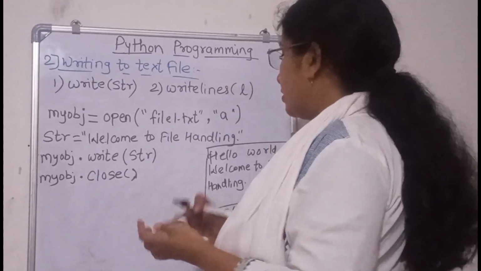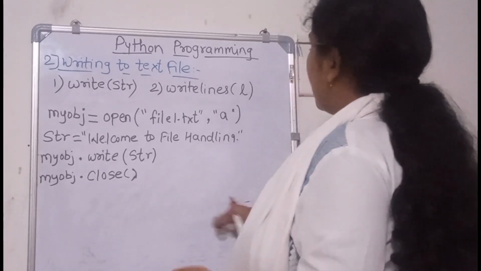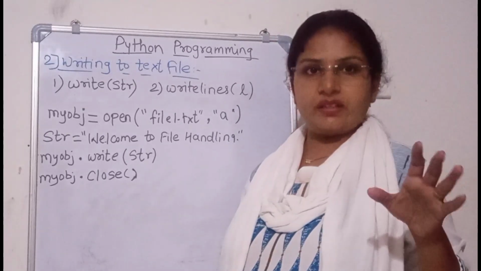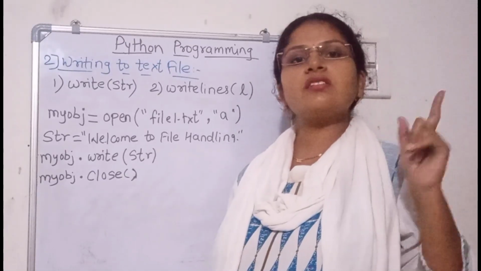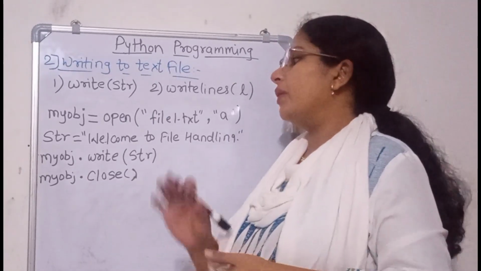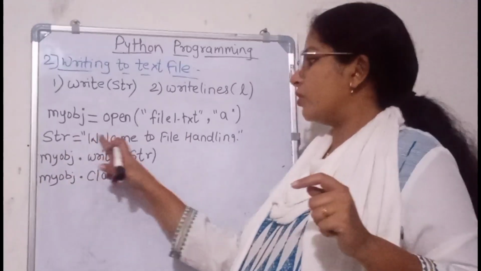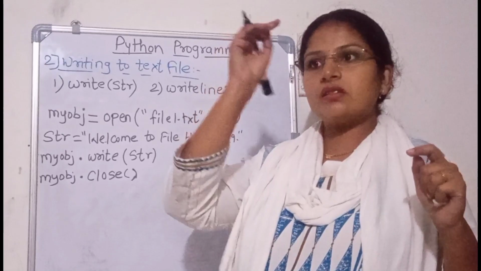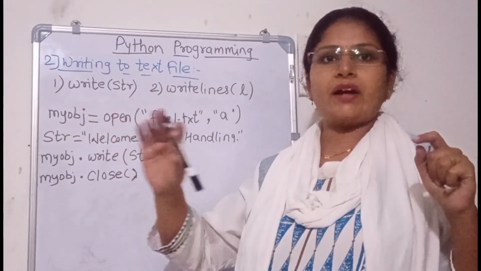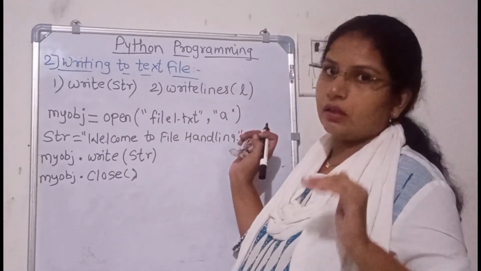Now writelines. So here, this argument value L is not a string, this is a list of the lines. List is one of the data structures in Python which we are going to see in a further session. But for now, I can tell you that instead of a single string, a list is a sequence of elements, a sequence of strings in a particular format or pattern.